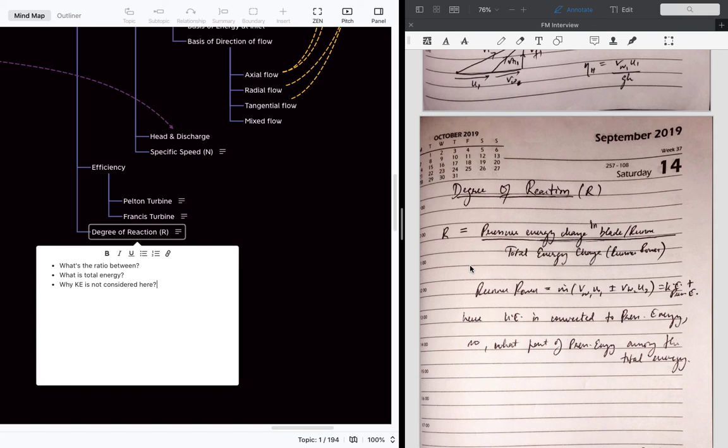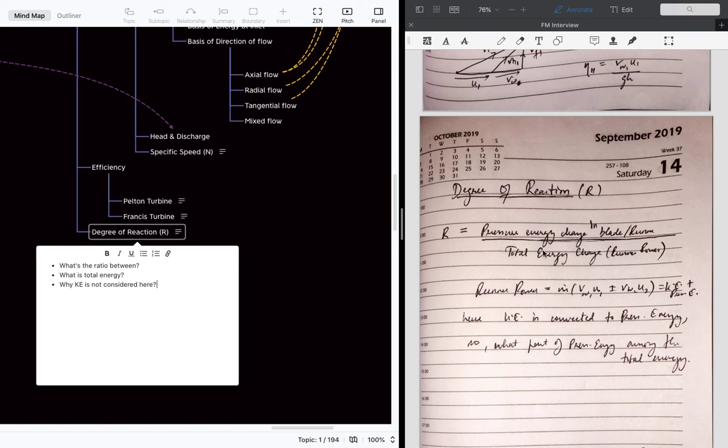So if you want to know the effect of pressure energy with respect to the total energy, what happens is that in a reaction turbine, the pressure energy is converted to kinetic energy. But what portion of kinetic energy is part of the total energy? What amount of pressure energy acts on the total energy? We want to know that. For that reason, we use R.